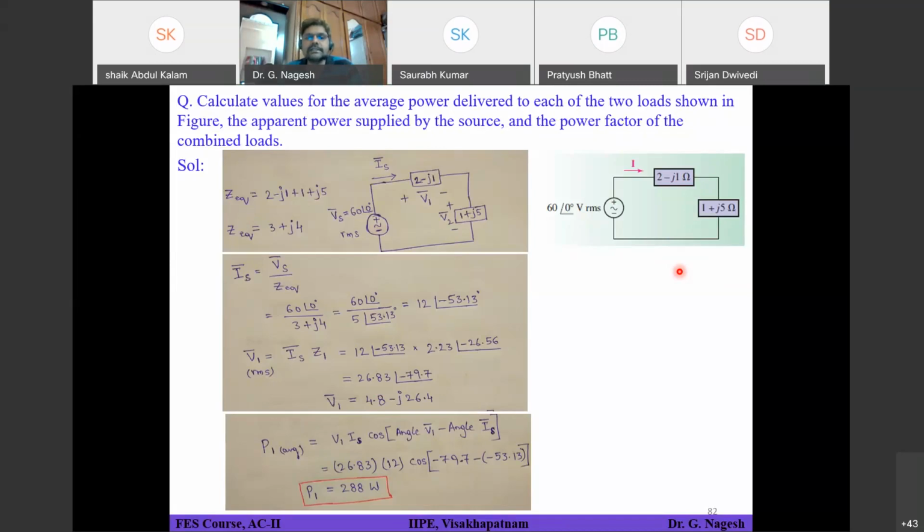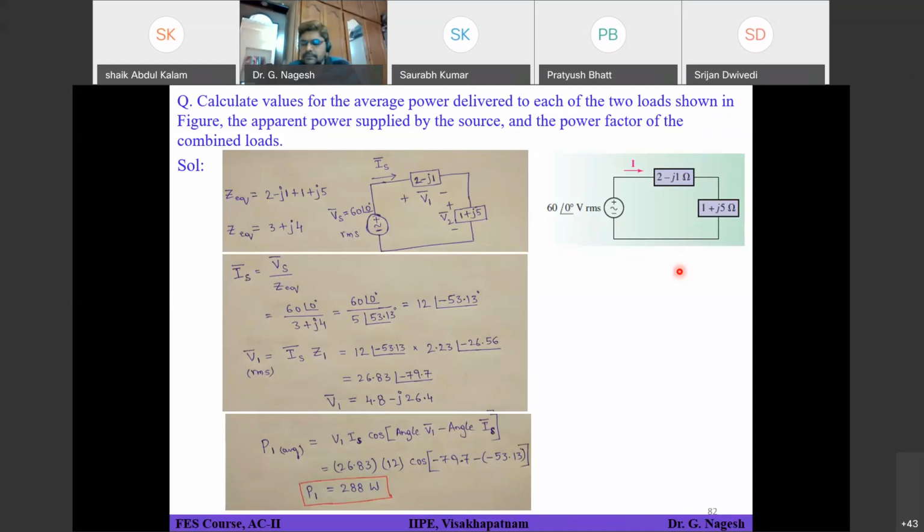I think you should get 288. Are you able to do now? Sir, 26.76 into 26.76 upon root 5. Sir, that is 320. 321.12.